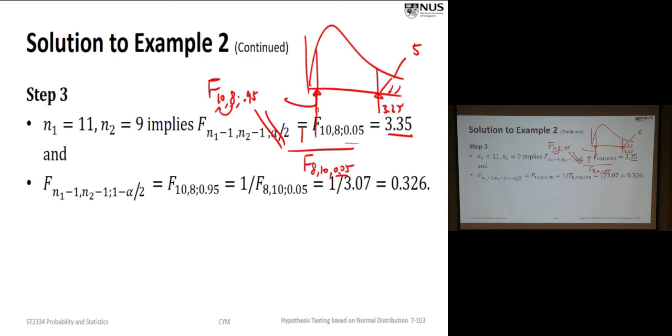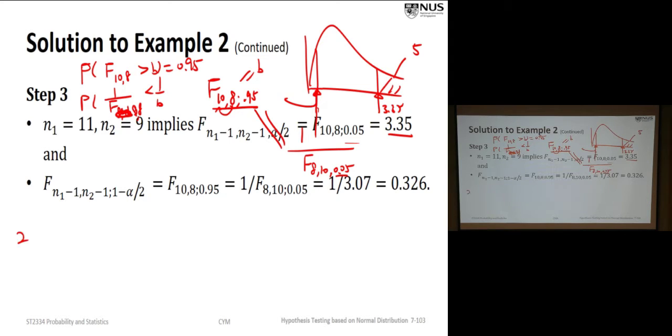It's very simple. Probability of this random variable being greater than this number, let me call this B, is 0.95. Then if I take the reciprocal of it, with 10 and 8, this one becomes 1 over B. Am I right?